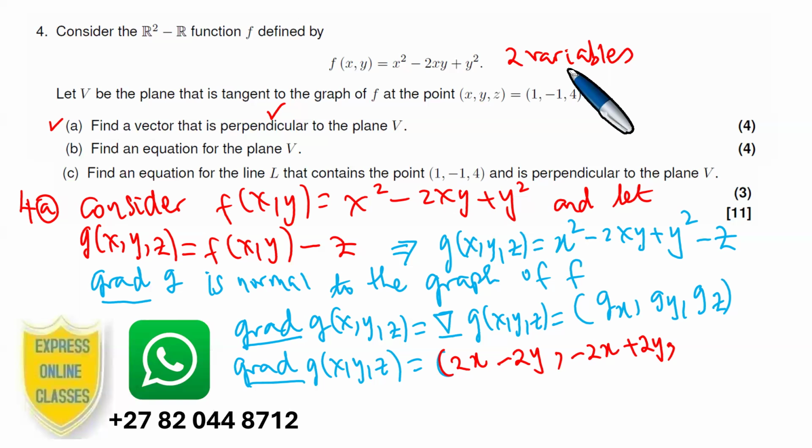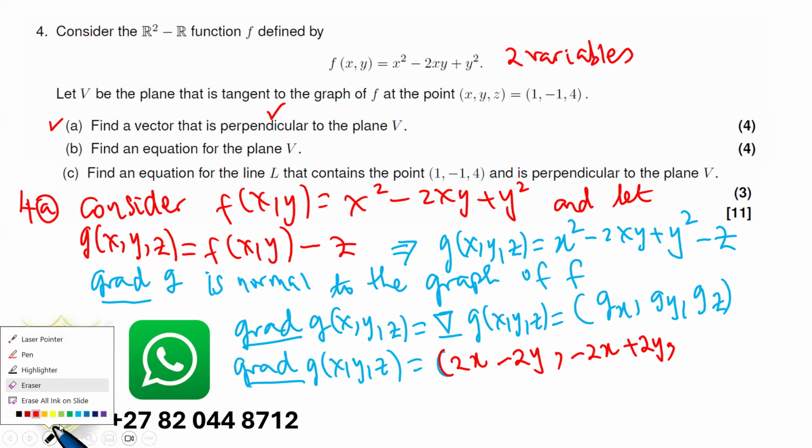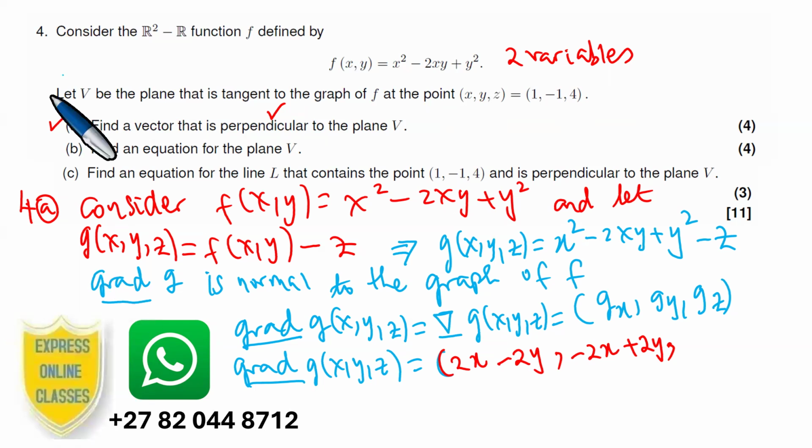As a consequence, this function here is also a paraboloid. If you look at it very carefully, you have the function f, where f of x and y is x minus y squared, which is exactly this.